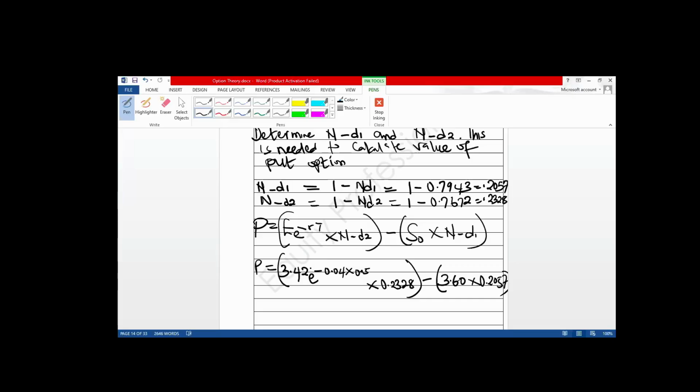Now multiply the answer by 0.2328. What do you have? 0.7804. Correct. Minus, open a bracket, 3.6 multiplied by 0.2057.